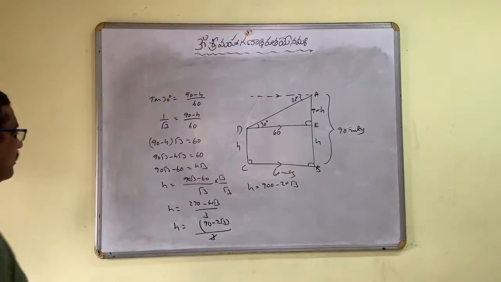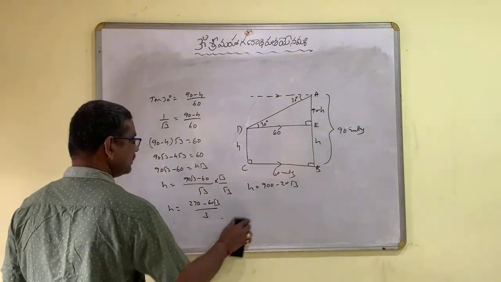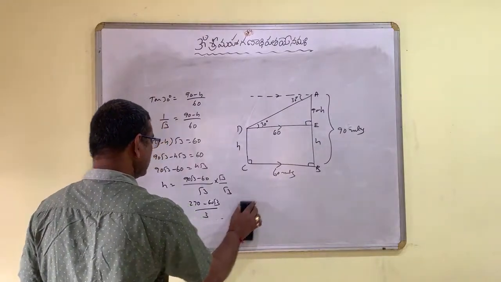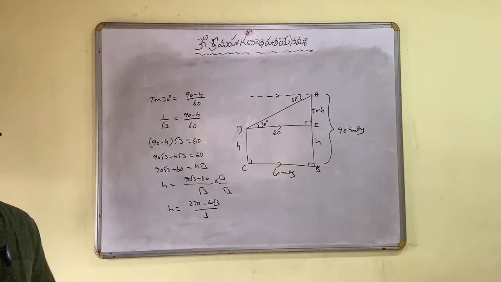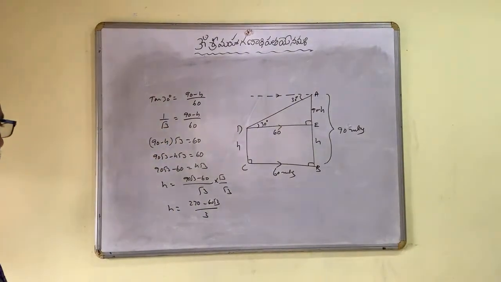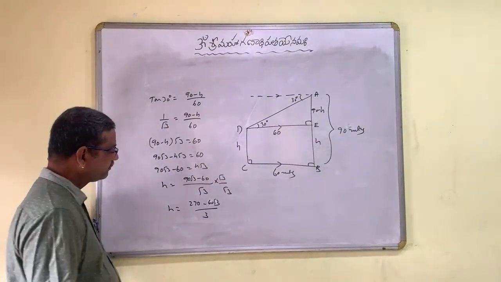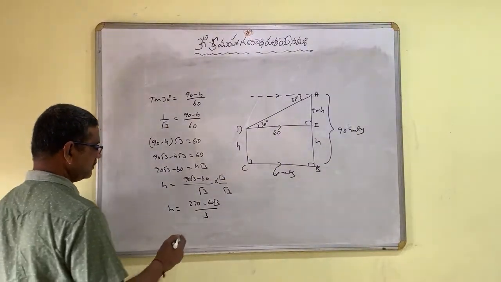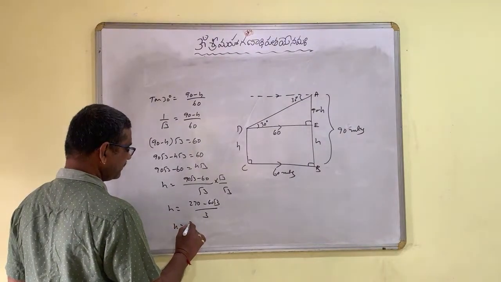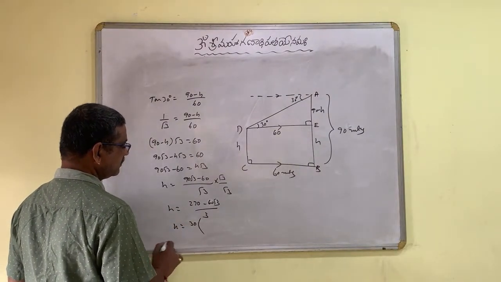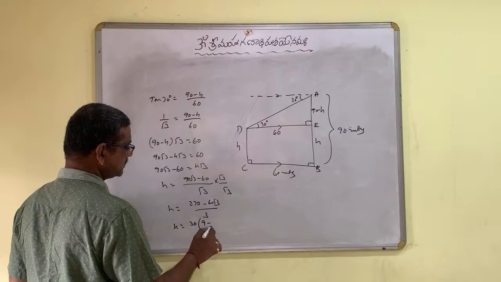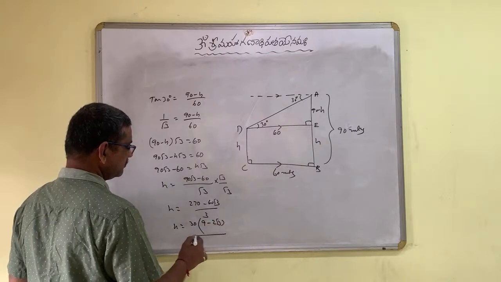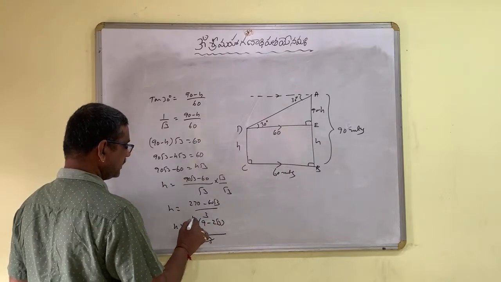Common thing I did wrong here. So how much can I take common? 30, na? I can take common 30. So 9 minus 2 root 3 by 3, into 30.